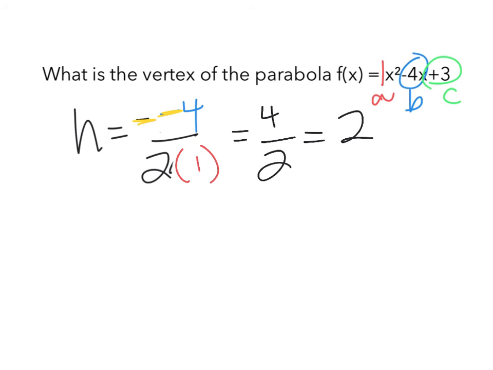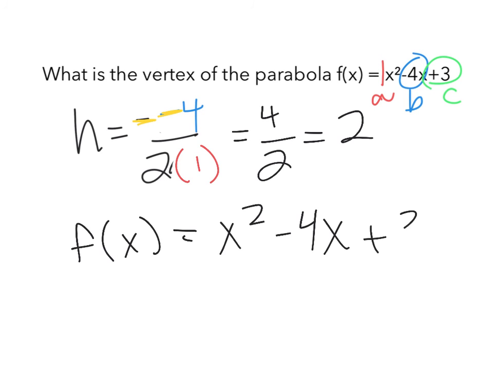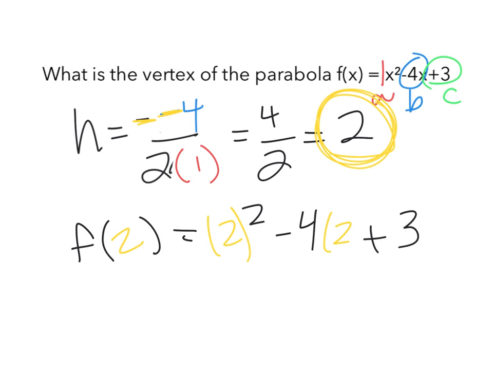Then I'm going to plug in 2, so f of x equals x squared minus 4x plus 3. Well, I don't want x. What I want instead is what x equals, which is 2. So I'm going to erase every place I see an x, and I'm going to put a 2 in its place. So I'm going to take this and go 2, 2, 2, and substitute it in using parentheses.